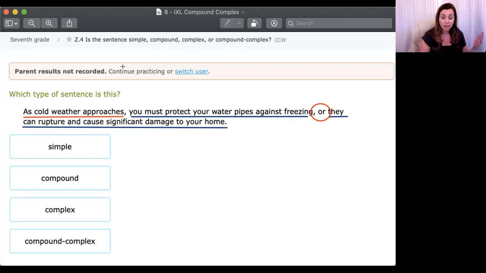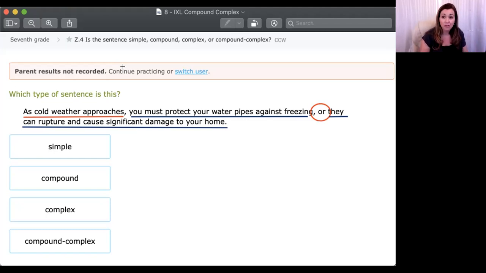Okay, so one of the things that I see, I have been working with students for a very long time, and I will tell you that the number one thing that teachers want to see, and this is across the board in all subjects, they want to see developed thought. They want to see mature sentence structure. And when I say mature sentence structure, I do not mean simple sentences.